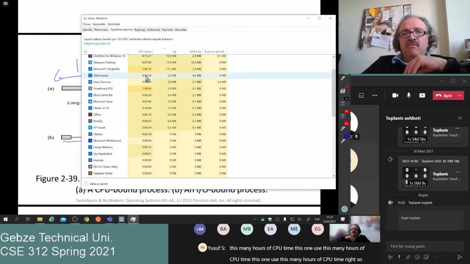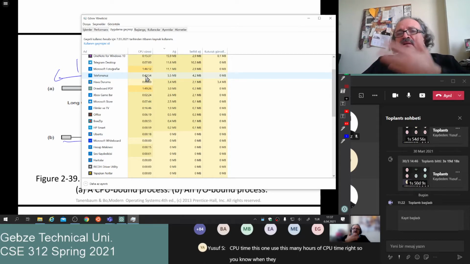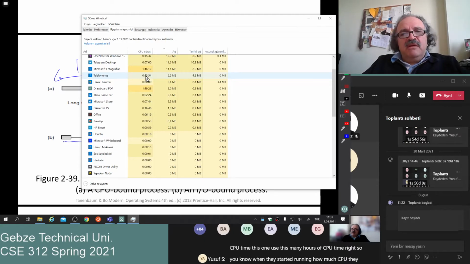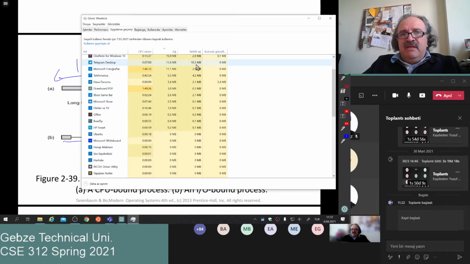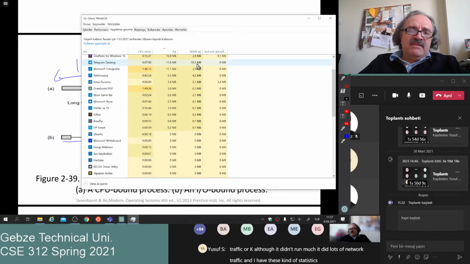And you know when they started running and how much CPU they used. If you make a division, you get what you need. For example, this one needed lots of network traffic. Although it didn't run much, it needed lots of network traffic, and I always keep these kinds of statistics in my process table.